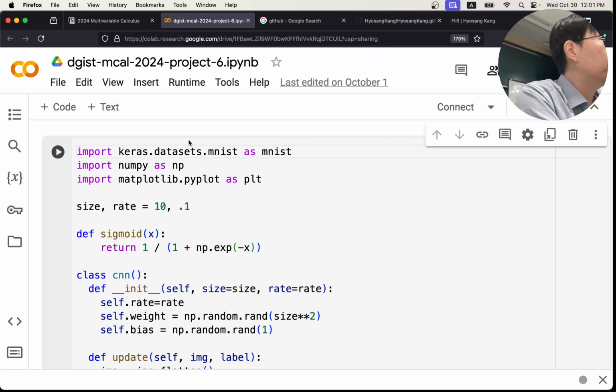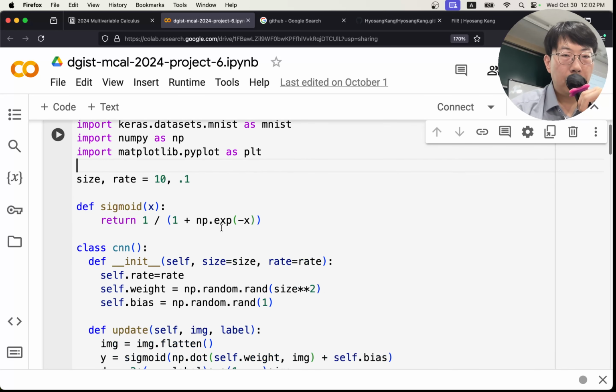In Google Colab, I think they already have a preloaded data set, so it's very fast to load the MNIST data set. But when you're working on your local computer, it takes lots of time and also takes up some memory space. Okay, so I'll explain the code.